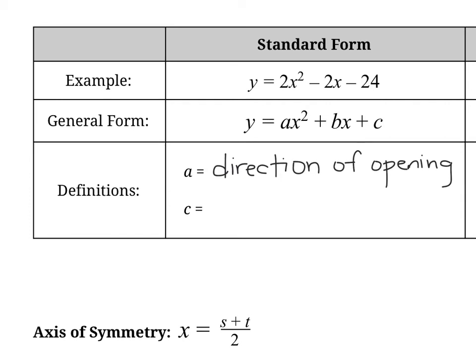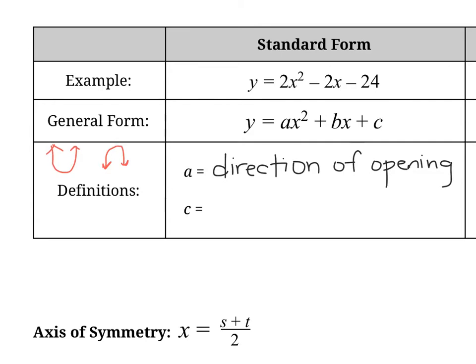If you have a positive a value, then your parabola will open up. When your parabola opens up, it takes on a U-shaped form. If your a value is a negative number, then the parabola will open down. And when it opens down, it just looks like an upside down U, like so.